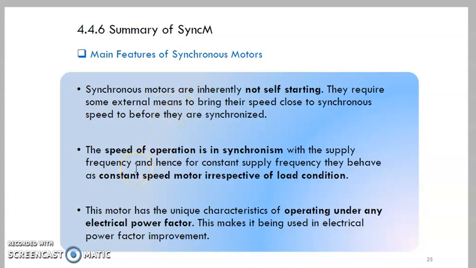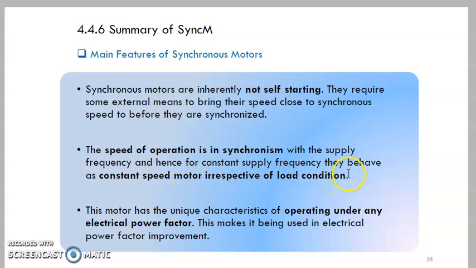So the speed of operation is in synchronism with the supply frequency, and for constant supply frequency, it behaves as a constant speed motor. Once it is locked to the speed of rotation as per the supply frequency, the speed will be constant at any kind of load.